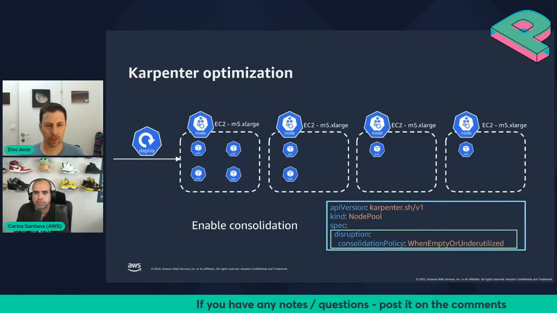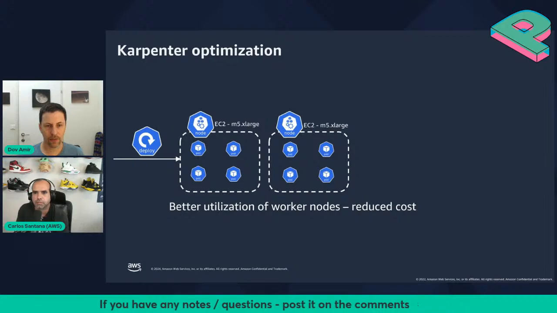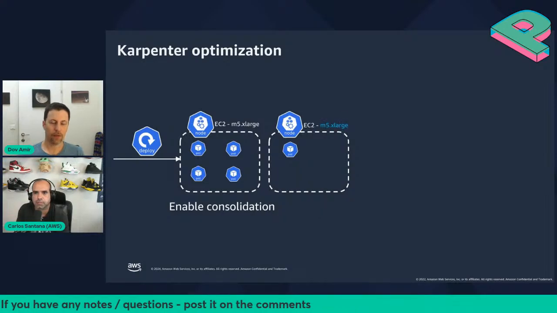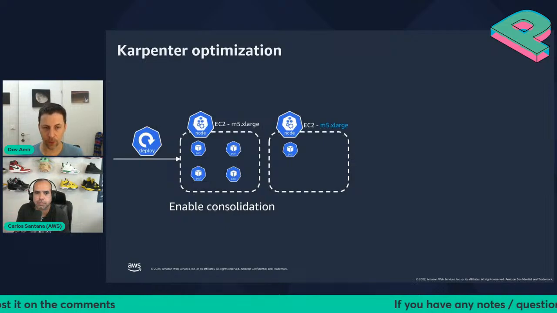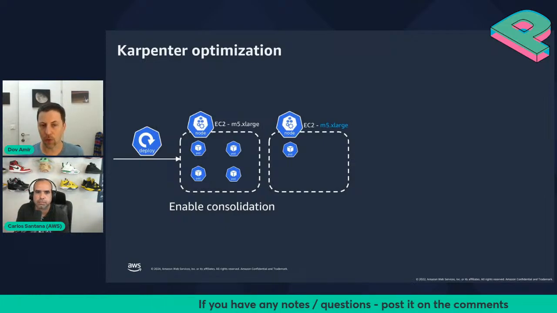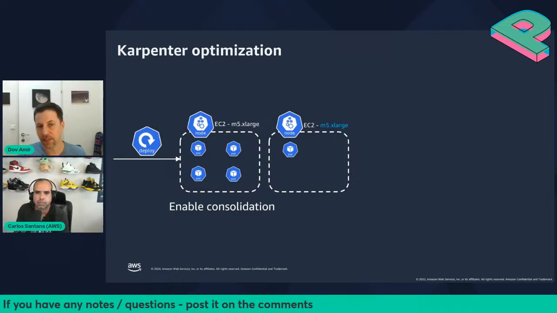Let's look at another use case. Okay, the next use case is we have on the left an instance that is fully utilized. On the right, we have an instance that is underutilized, but there's no room to move that single pod on the right to another existing instance. There's no available room.